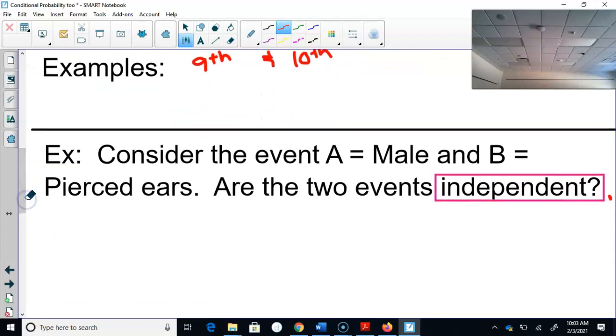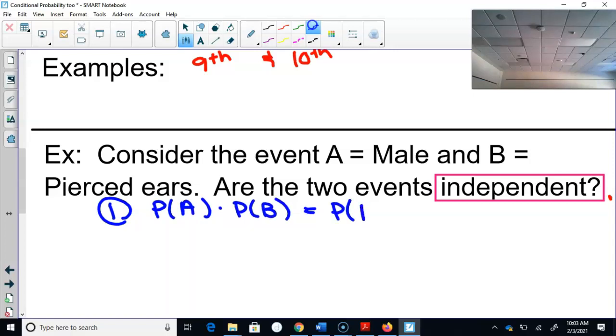Now, let's go back to our previous example. Consider the event A being identifying as male, B having pierced ears. Are these 2 events independent? Step 1, let's write out the formula. The probability of A times the probability of B has to equal the probability of A and B happening at the same time.